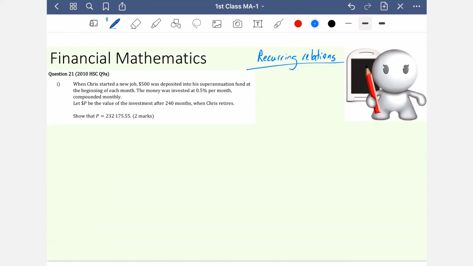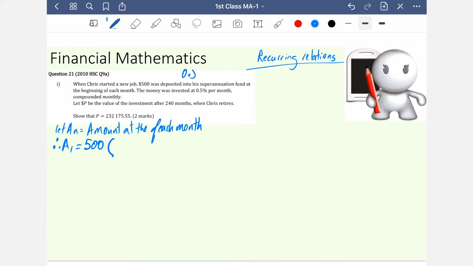Okay, so I'm going to start off with this. Now, these are very long solutions, guys, so please bear with me, okay? Let A_N equal the amount at the end of each month. Okay, guys, so therefore A1, the amount at the end of the first month, well, his deposit is $500, and he's going to be getting 0.5%.